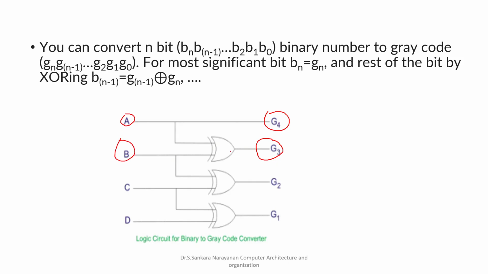G2 will be the XOR of the second and third bit, that is B XOR C, and G1 is again an XOR of the third and fourth bit, which are C and D. This is a logic circuit for the binary to gray code converter.